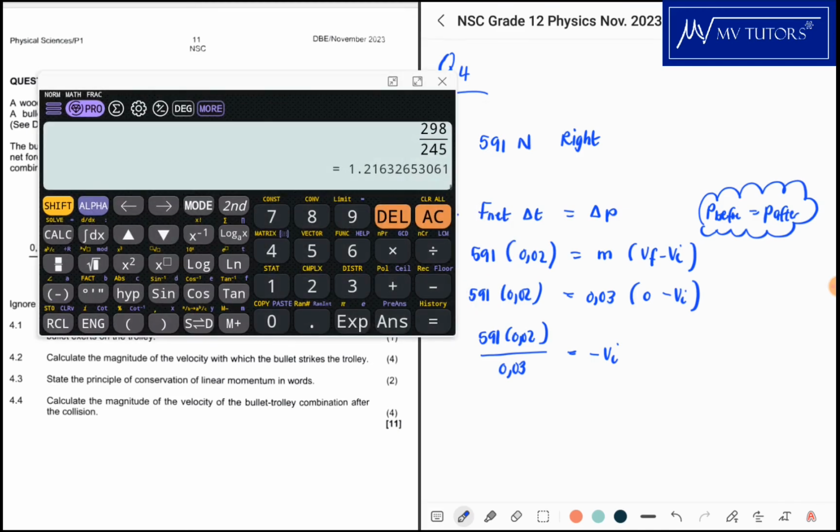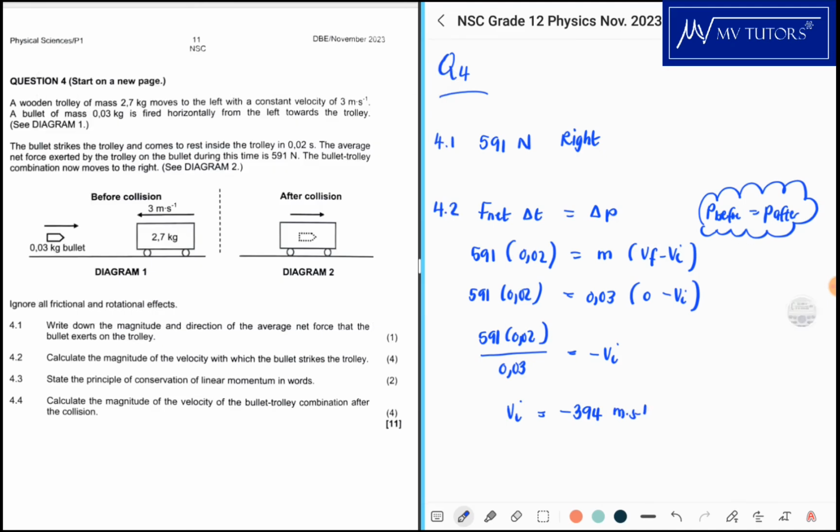So calculator here, 591 multiplied by 0.02 over 0 divided by 0.03. Okay, we get an initial velocity, which is negative 394 meters per second. What does this negative mean?